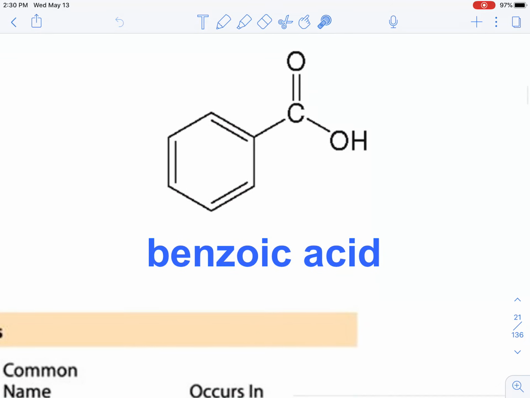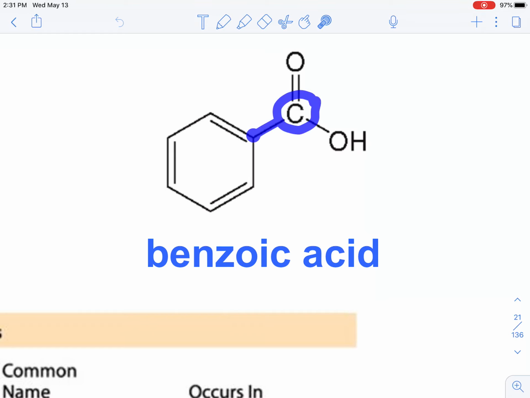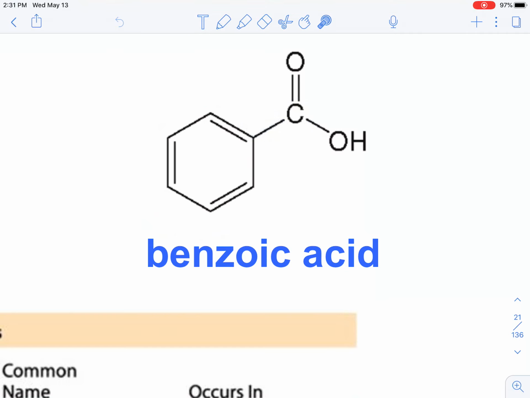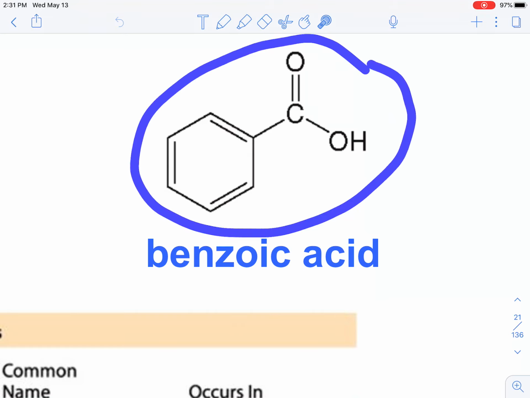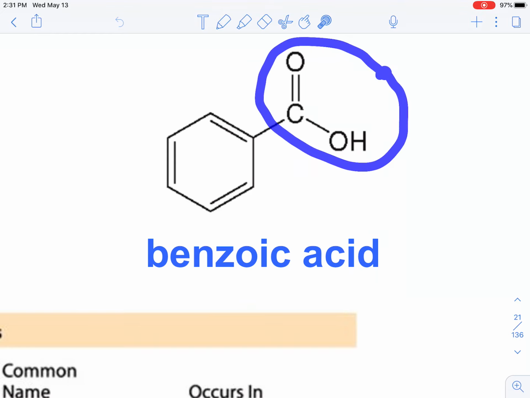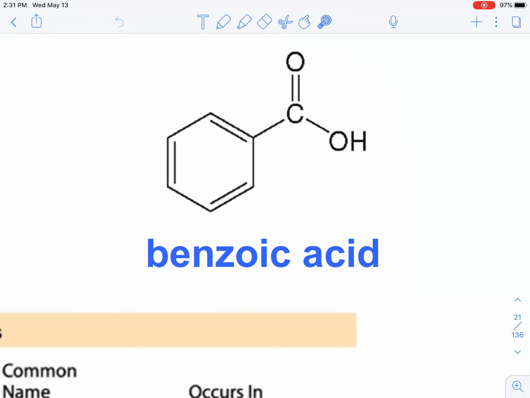Last but not least, if the carbonyl carbon is covalently bonded directly to a benzene ring, then the name of this organic compound is going to be benzoic acid. And the carboxylic acid in benzoic acid is what I'm circling in blue.